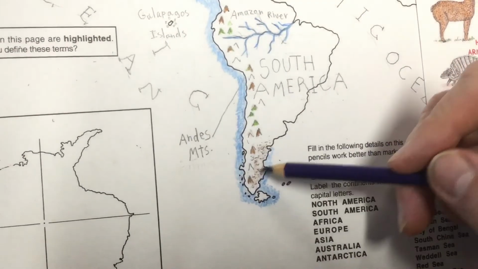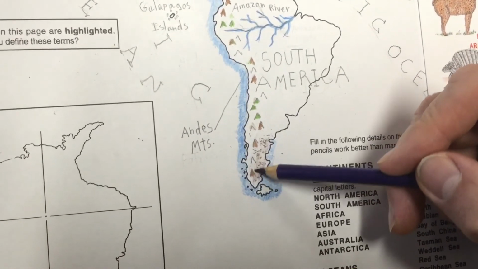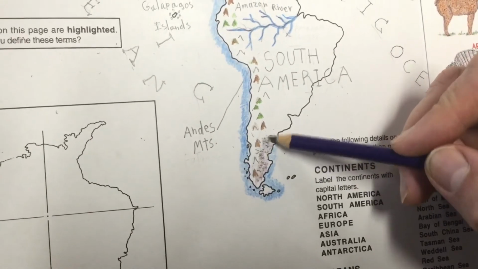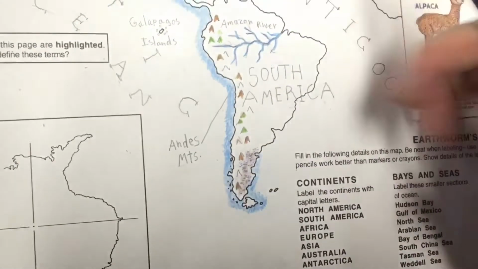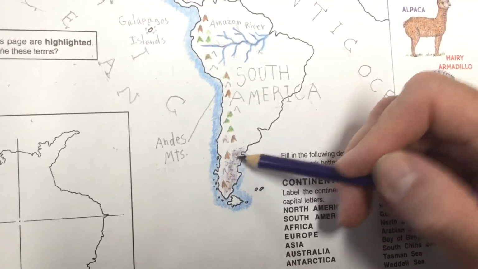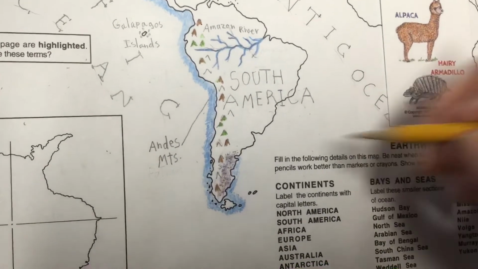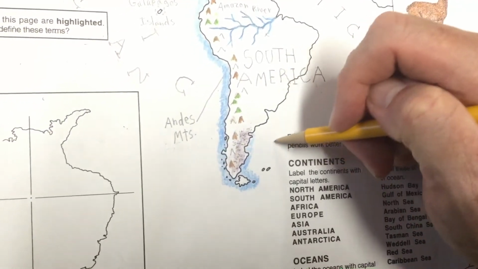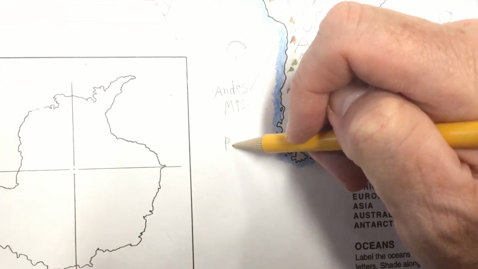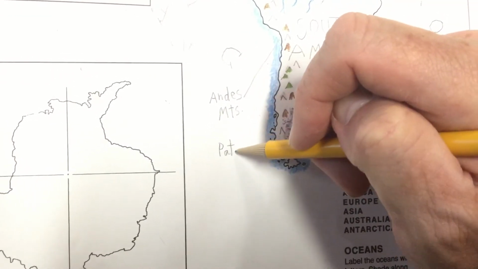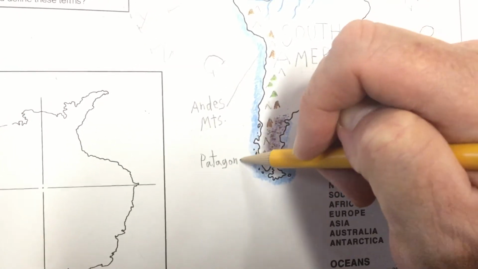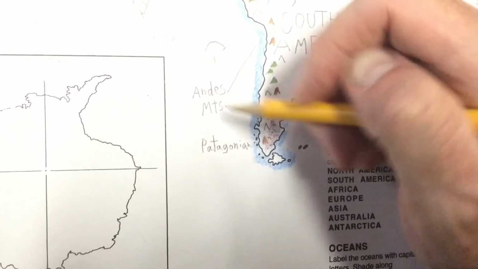Let's throw in a little bit of purple too to give it that cool look. And maybe I'll write it over here. No, maybe there's a little bit more room over here. I'm just going to write Patagonia. No, I'll write Patagonian desert.